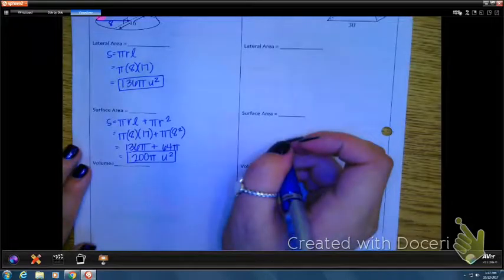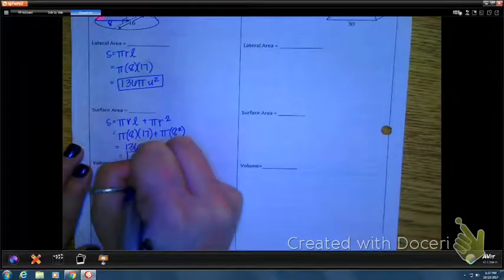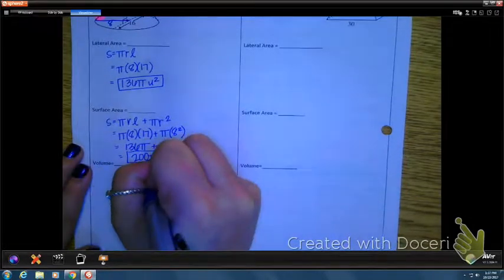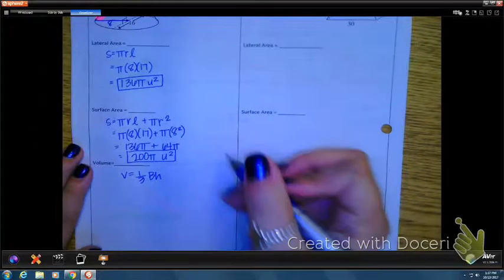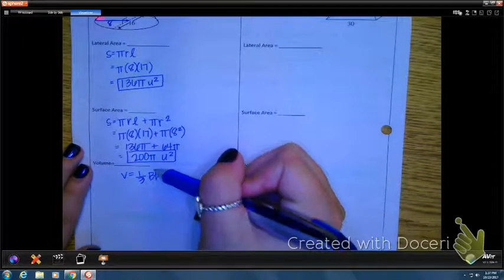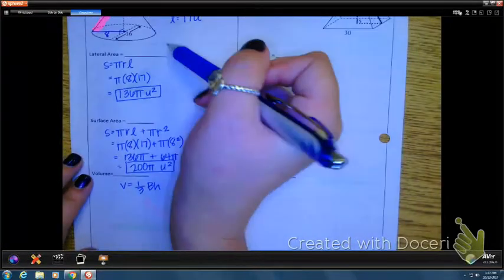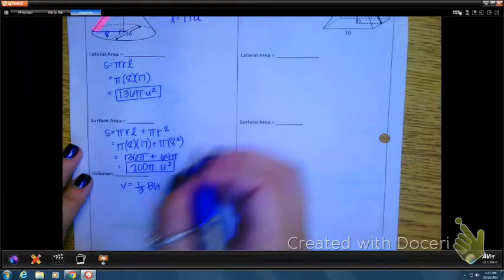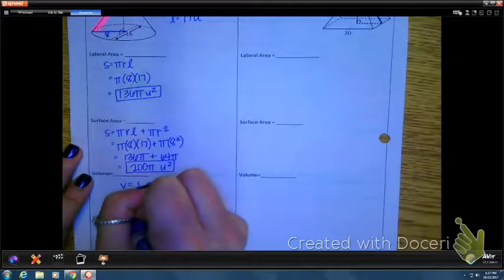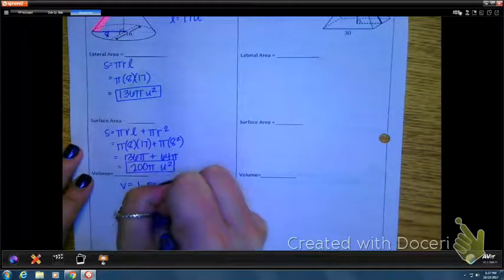Okay, volume, 1/3 B times H. How do we find the area? What is the formula for finding the area of our base? Okay, our base is a circle. So hopefully you said pi r squared.